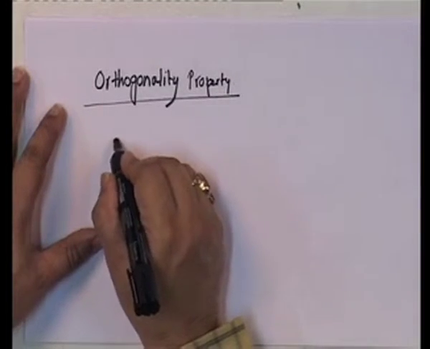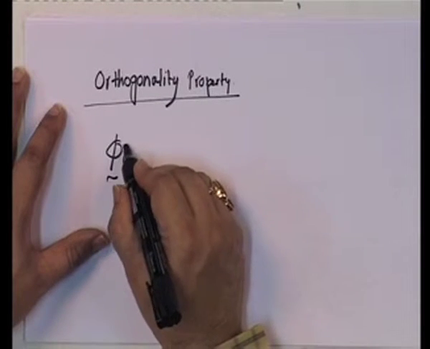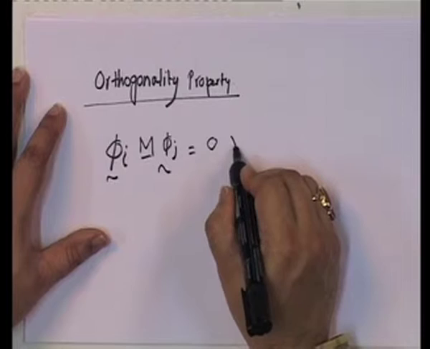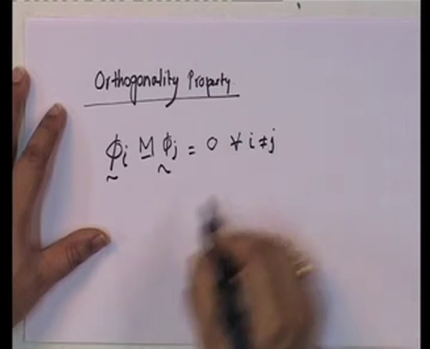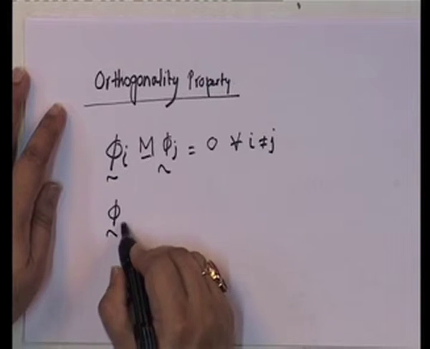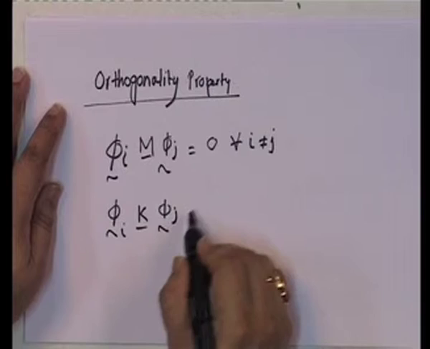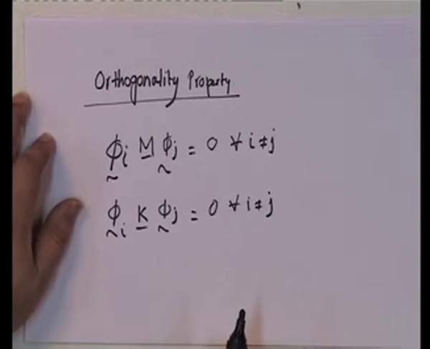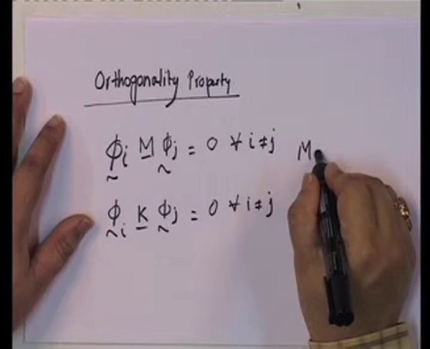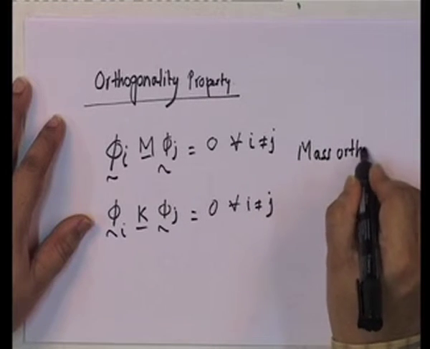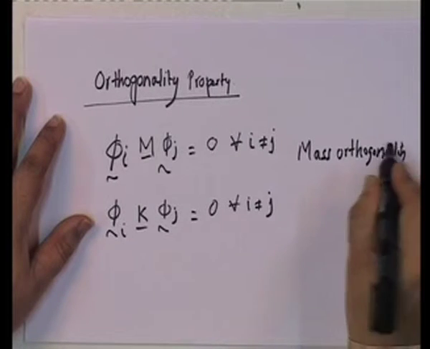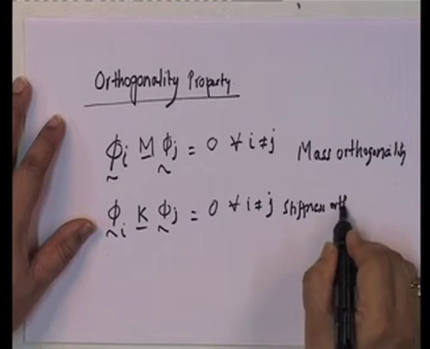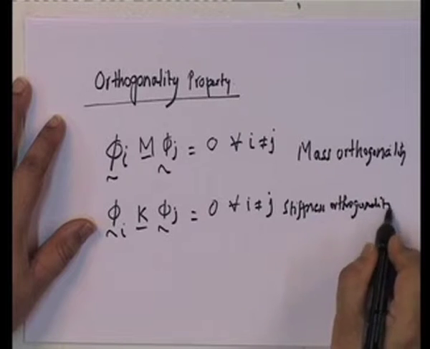The orthogonality property says: this is called mass orthogonality, and this is called stiffness orthogonality.